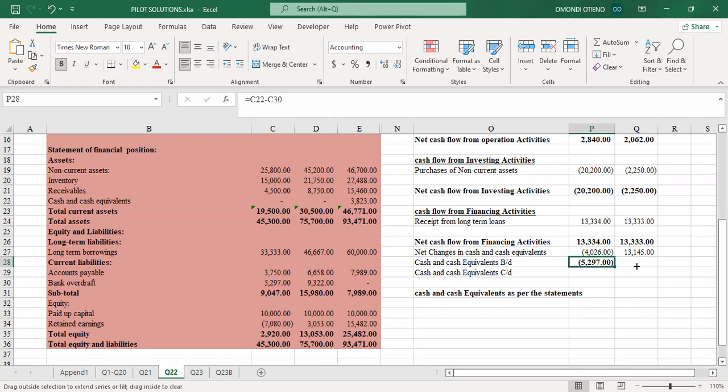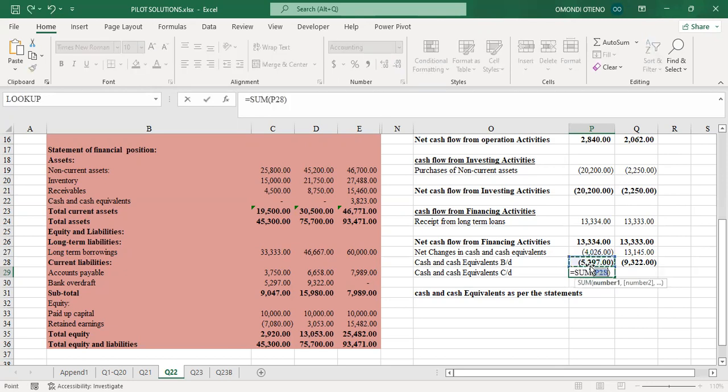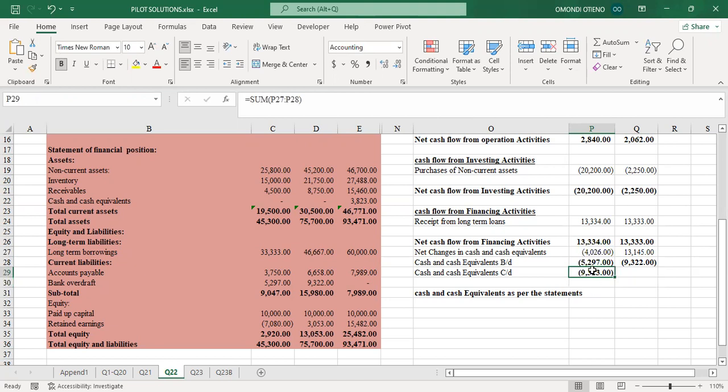That's what we have there. Okay, cash and cash equivalents carried down is the net changes in cash and cash equivalents. Then we adjust by now adding these two items here. When we add those two, what do we get? We are getting 9323. That is cash and cash equivalents carried down, negative.